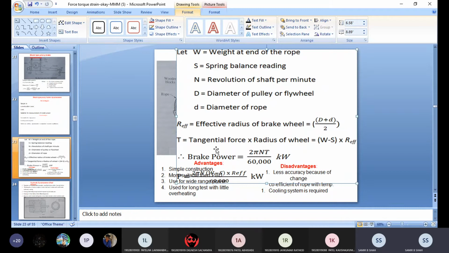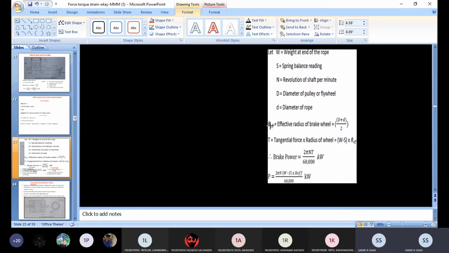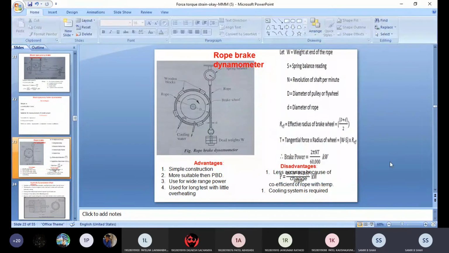That torque we put in the equation of brake power, and we get the brake power, W minus S into R effective.